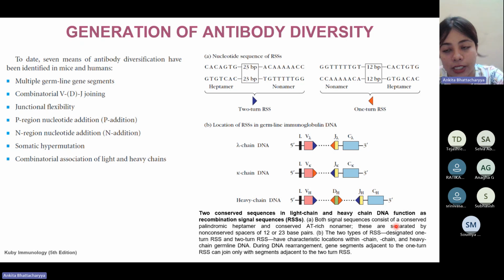When there is a 12 base pair fragment, then there is a nonamer, which is a stretch of 9 residues, 12 bases, and again a stretch of 7 residues. This is called a one-turn RSS, or one-turn recognition signal sequence. It's just an easier way of representing that DNA segment. On the other hand, when there are 23 bases between a heptamer and a nonamer, as is shown on the right, that is considered a two-turn RSS.